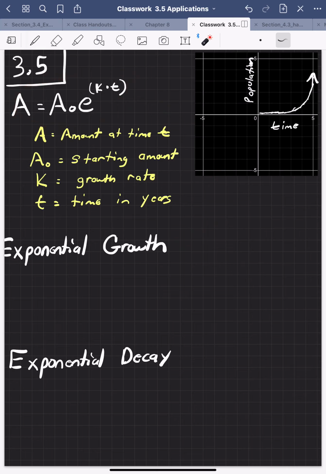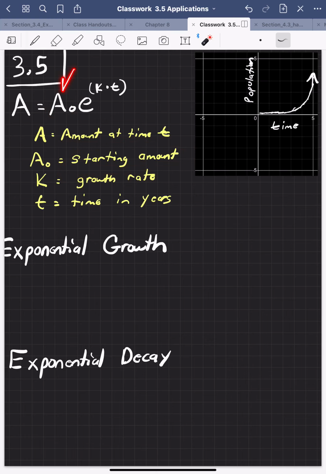Well, let's make sure we understand each part. So let's start with A, meaning it's equal to some amount. Now that amount might be the population in a certain year. So that is what A stands for. Now, this other piece is A with a subscript of 0, and that's going to be the starting amount.